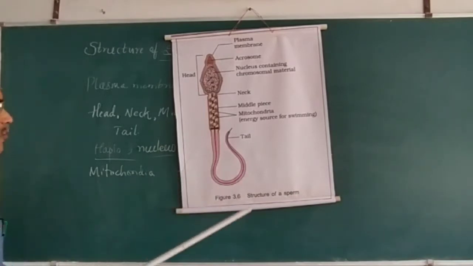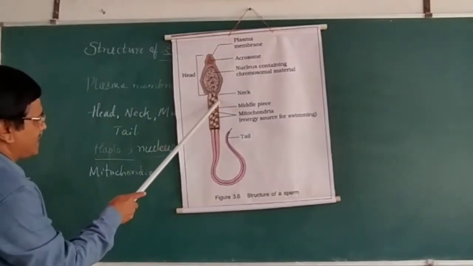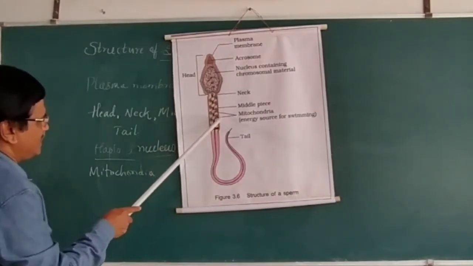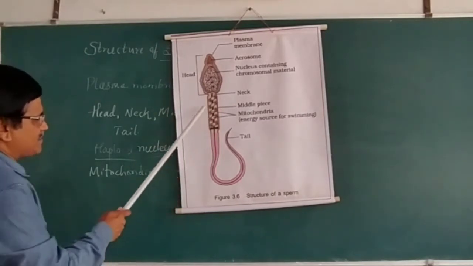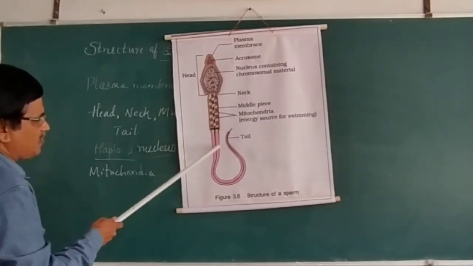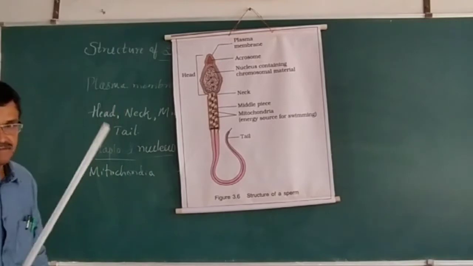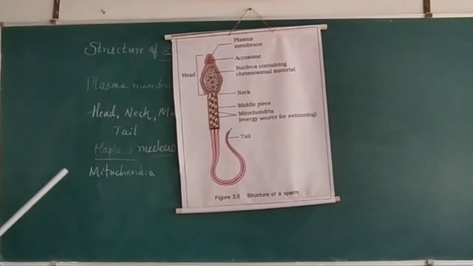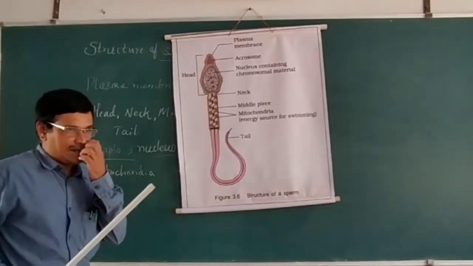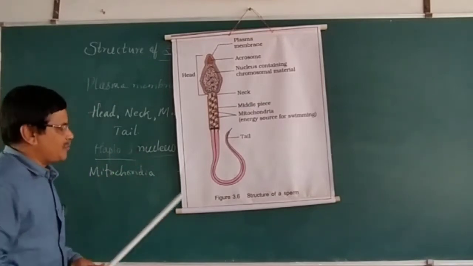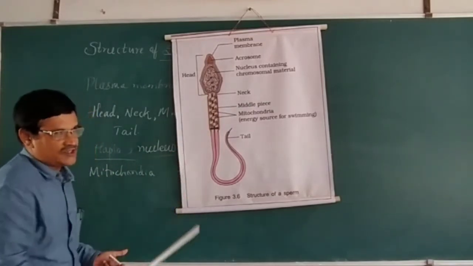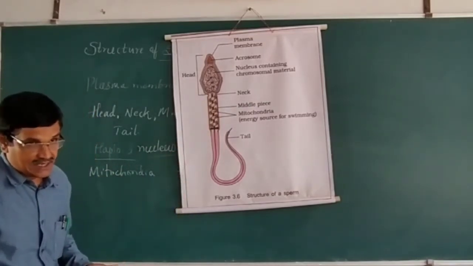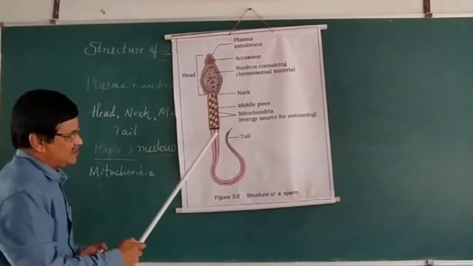It is rich with spirally arranged mitochondria, and these mitochondria are the source of energy. This is essential for providing the energy necessary for the motility of the sperm, for the activation of the sperm during fertilization.